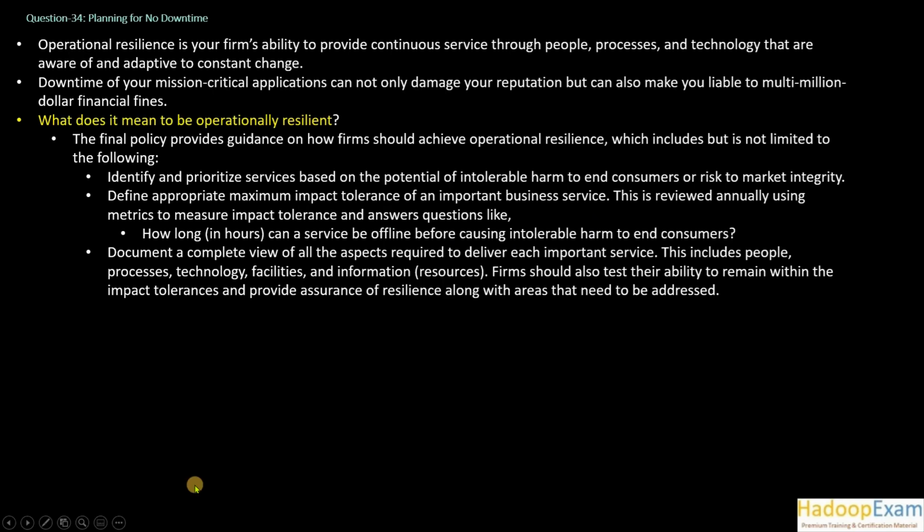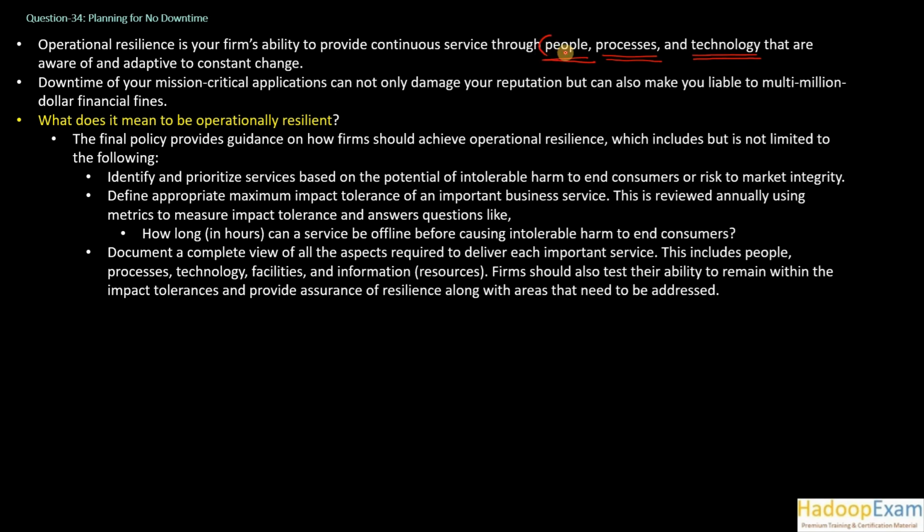As you can see, operational resiliency is very important, and that includes your people. Even your team has to plan availability properly. Processes: whatever processes are running, are they being correctly followed or not? And technology, obviously the platform which you have developed, must be aware of and adaptive to constant change.